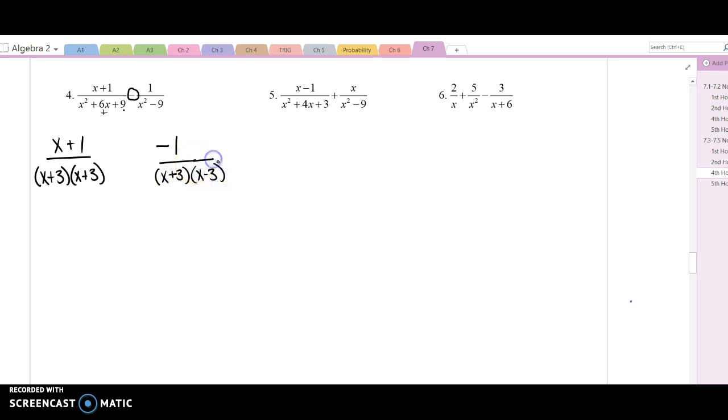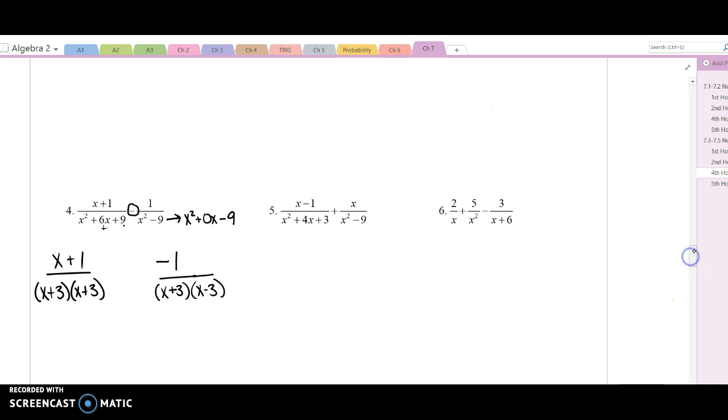If you're having trouble recognizing difference of two squares, think about this as the x term is missing, so this is x squared plus 0x minus 9, and that may help you to see how the numbers are positive 3 and negative 3.